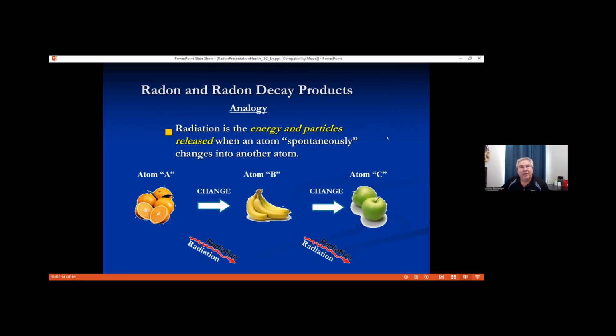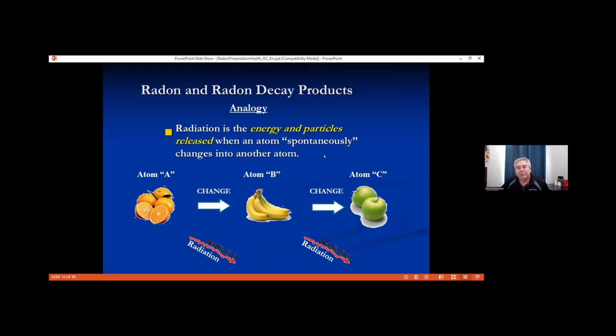When we try to find an analogy of what's happening, we can compare it to, let's say, atom A, which is oranges, and it disintegrates and changes to something else. So it changes into bananas. Call that atom B. Not the same color, not the same taste, not the same form anymore, shape. It completely changed. Now, if atom B or the bananas are also radioactive, it's going to also disintegrate and change into something else.